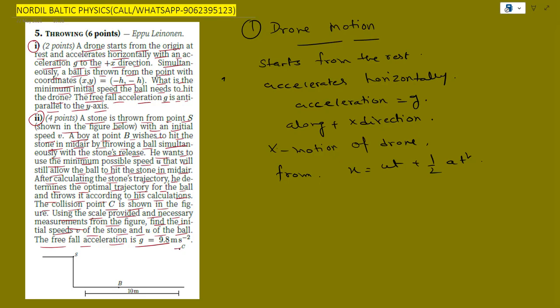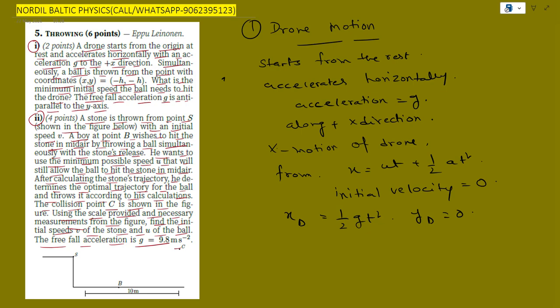Since the initial velocity is 0, we get x_d is half of g t squared. And since the drone moves only horizontally, y_d is basically 0.